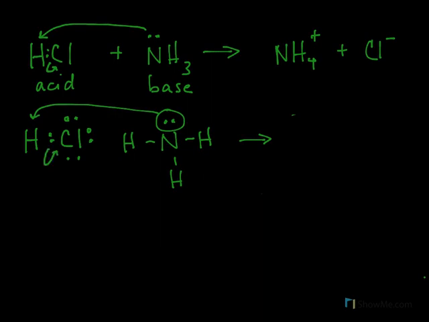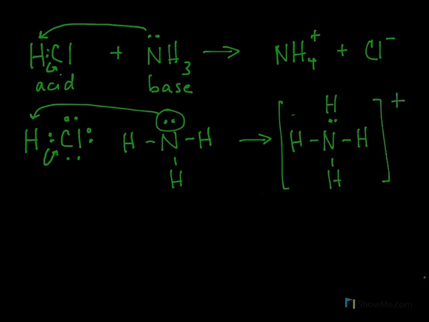The electrons will stay with chlorine. And so you'll have an ammonium ion here. Positive charge on the ammonium ion because it grabbed a positively charged proton. And the chloride anion will be left by itself. So this is ammonium ion.